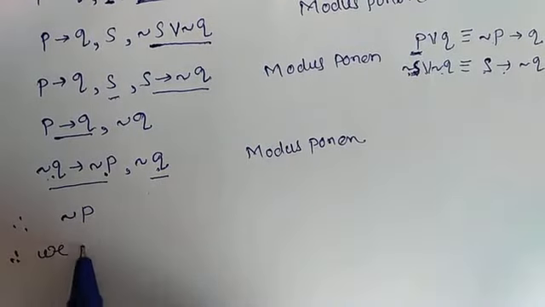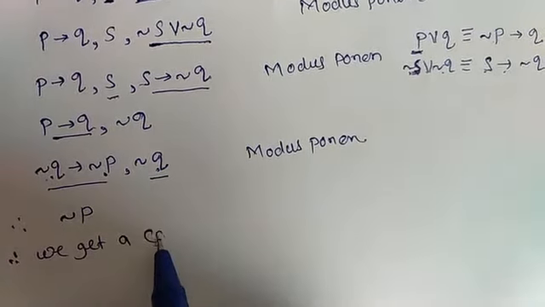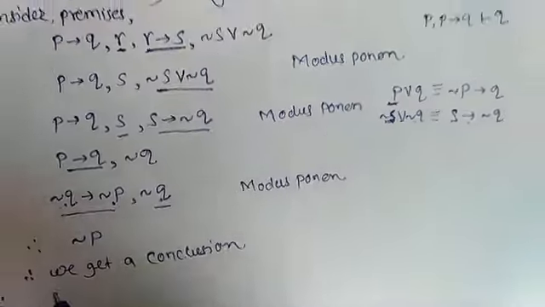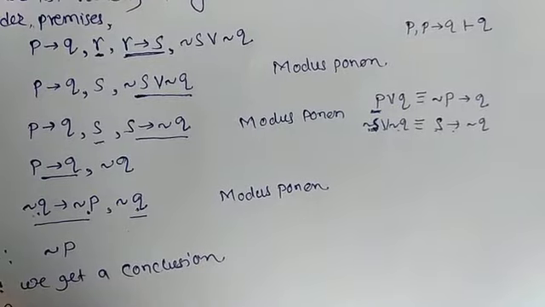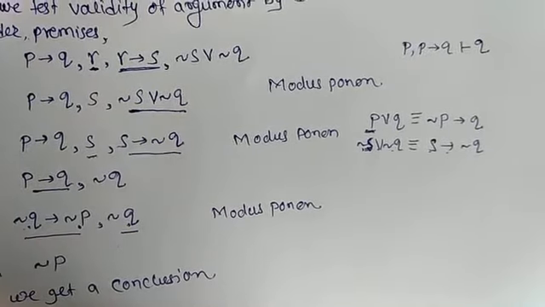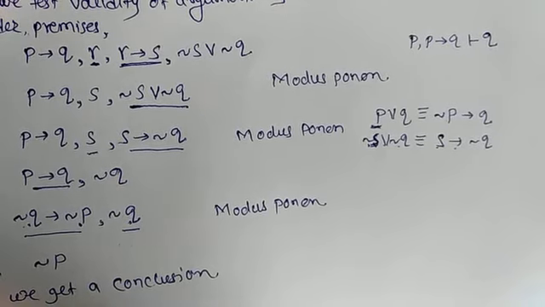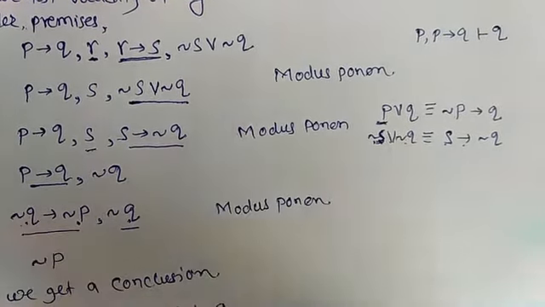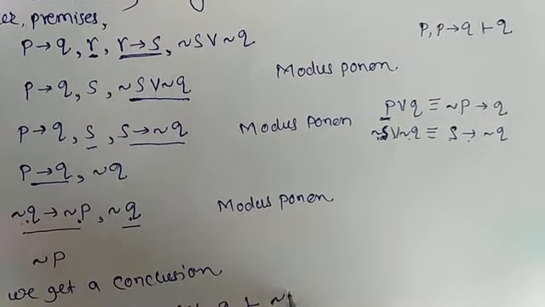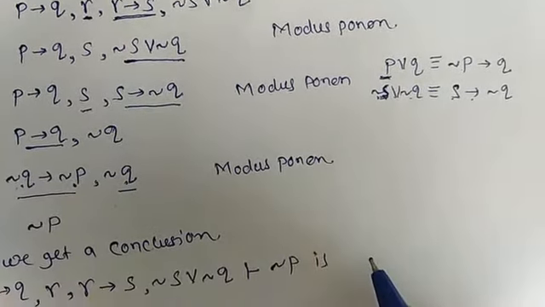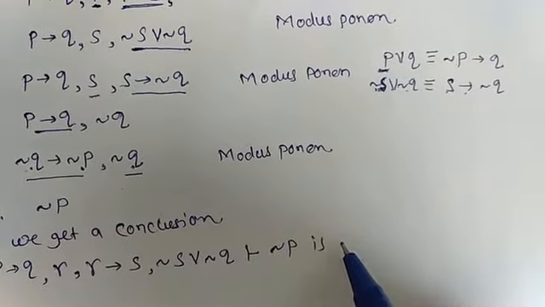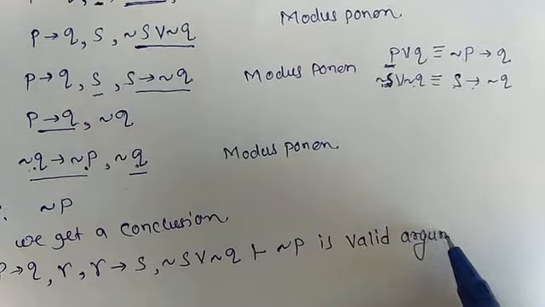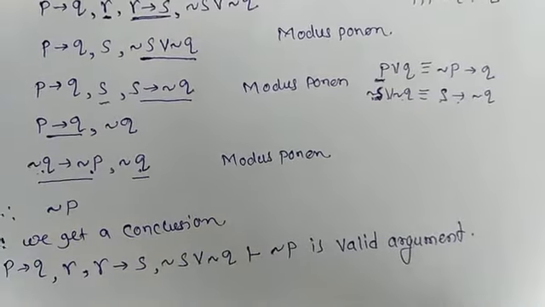Therefore you must say that the argument P implies Q, comma, R, comma, R implies S, comma, negation S or negation Q, concludes negation P, is a valid argument, which is our required solution.